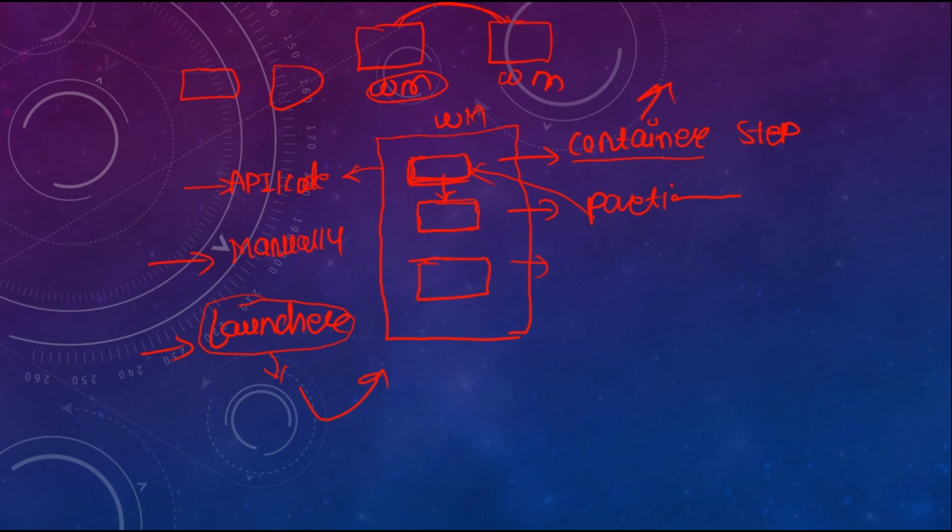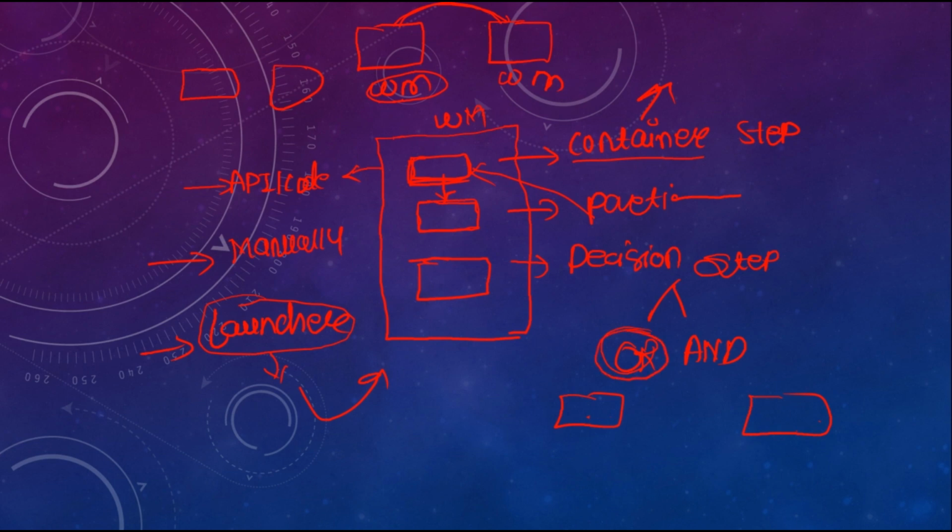Okay, after that here we have a decision step. Decision step means an OR or an AND condition. Here we have two steps, and if you want to perform some condition on these two steps, then you can simply use this OR, otherwise you can go with this AND.